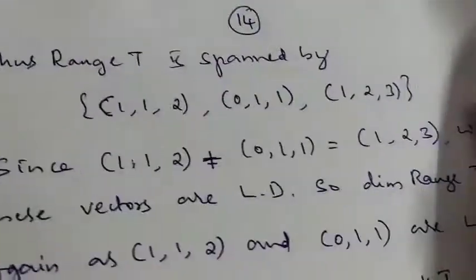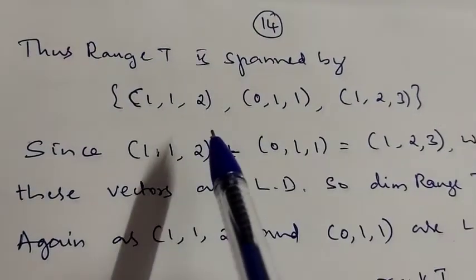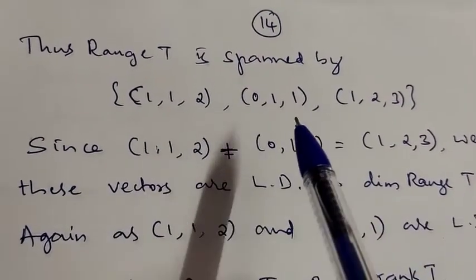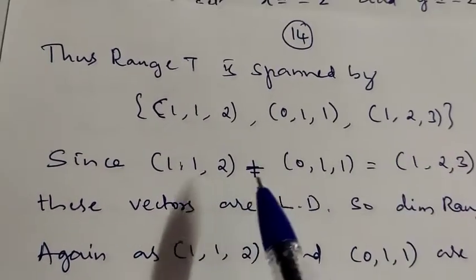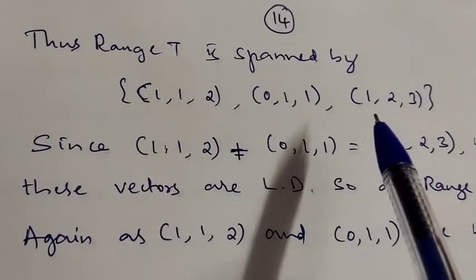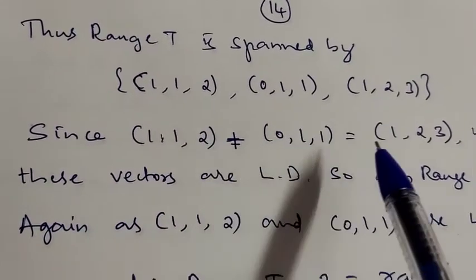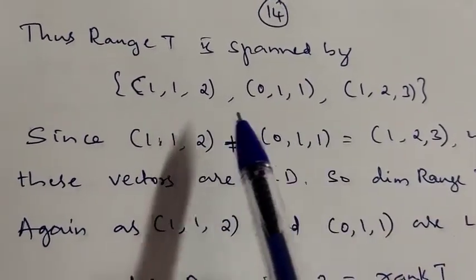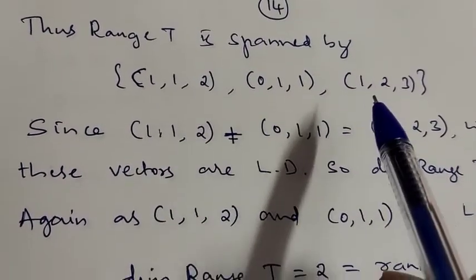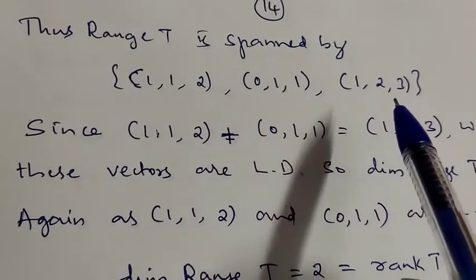Therefore the range of T is spanned by (1, 1, 2), (0, 1, 1), (1, 2, 3). Since (1, 1, 2) plus (0, 1, 1) is equal to (1, 2, 3), one vector is a linear combination of the preceding vectors. Therefore this set is linearly dependent.